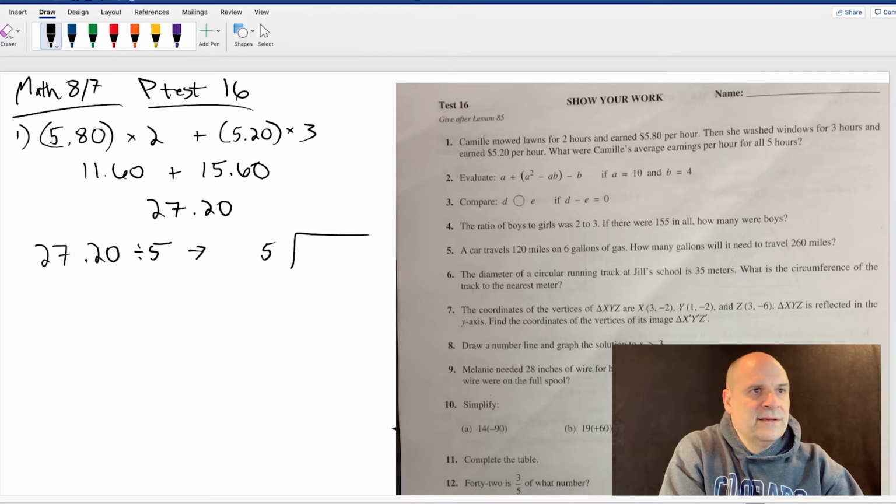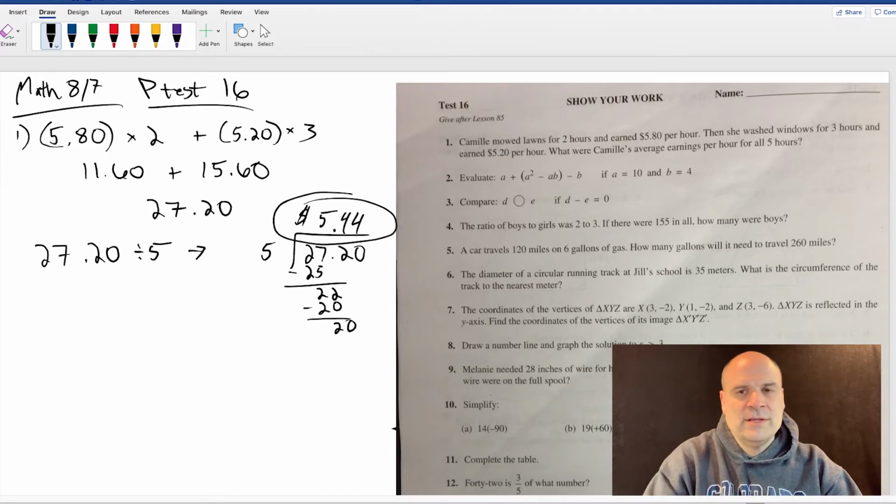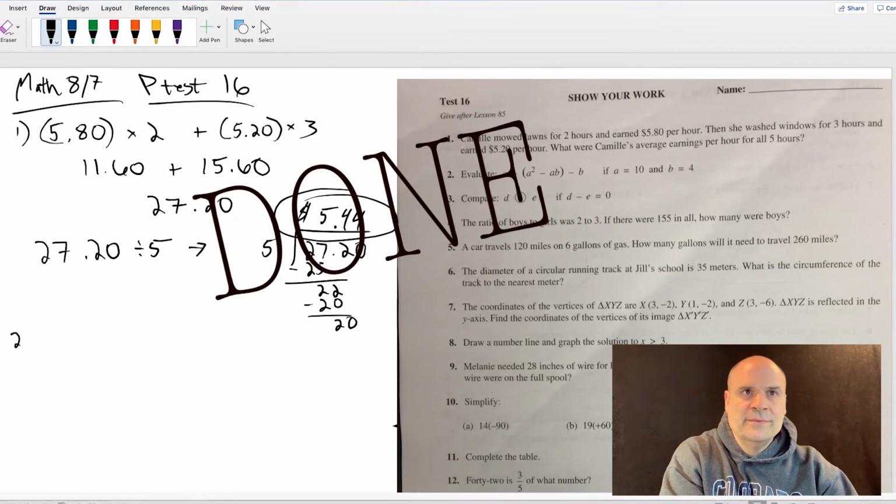Throw it in the box, 27.20. 5 goes into 27 5 times, multiply, subtract, bring down the next one. Remember, put that decimal up there, it goes into 22 4 times. Okay, multiply, subtract, bring down the next digit, it goes in 4 times exactly. So here is her average hourly rate. Boom, done.